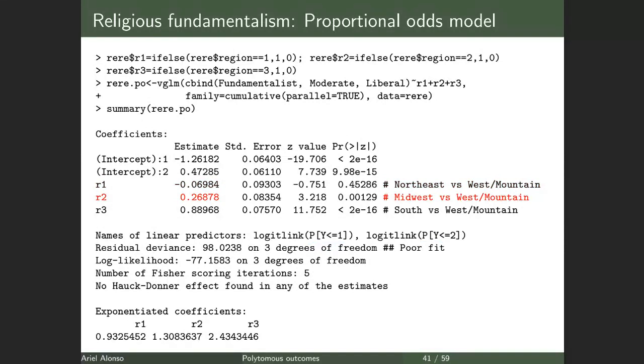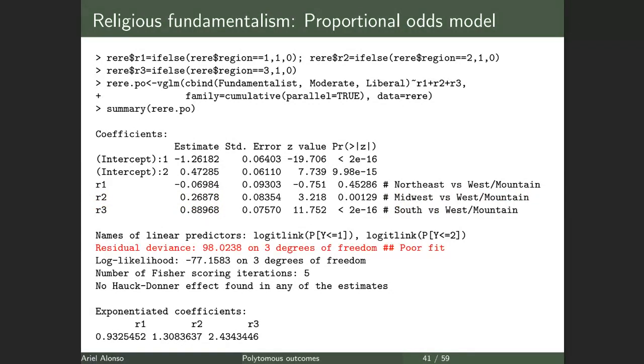Let me check the three categories again: fundamentalist, moderate, and liberal. So people from Midwest tend to be more fundamentalist than people from West Mountain, and the same for the South. Only people in the Northwest tend to be less fundamentalist. Because the scale is constructed in such a way that small values mean more fundamentalist, larger values, less fundamentalist.